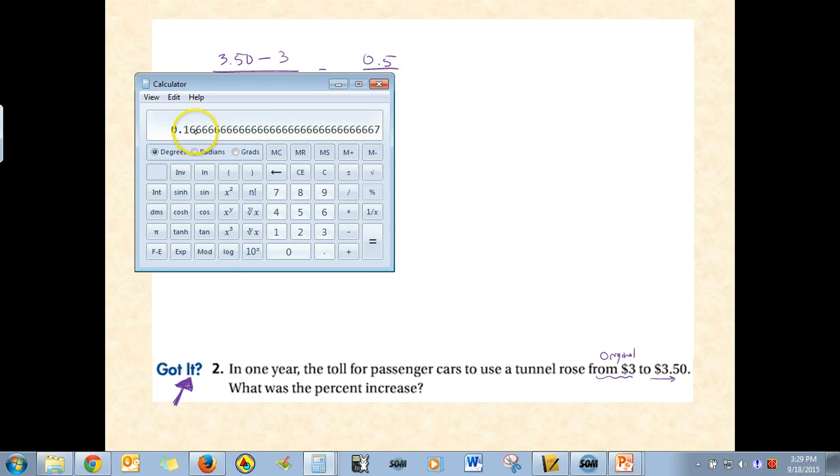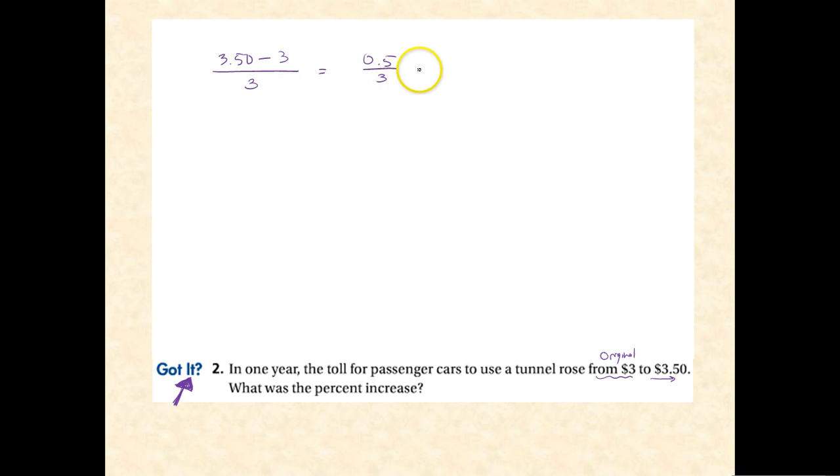If I move over twice, that's going to be 16.6%, which rounds up to 17%. So this is approximately equal to a 17% increase in price.